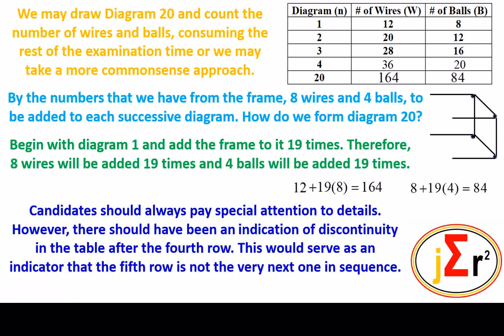If that bit of detail is missing from the student's perspective of the problem, then the student will run into trouble. The greatest of which is that the 5th row will not be correctly completed.